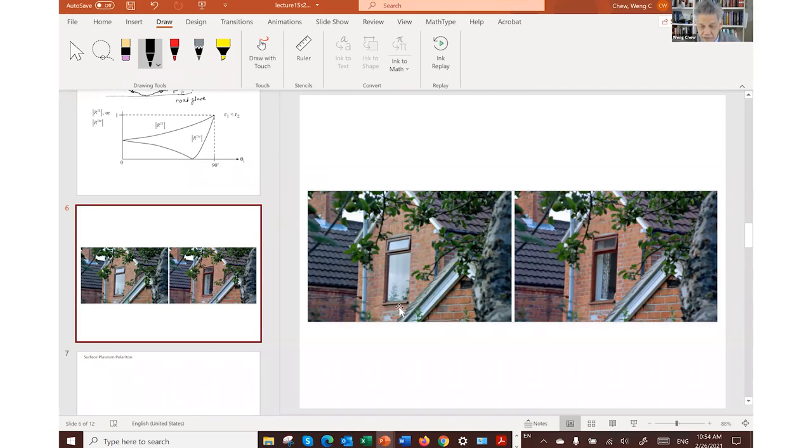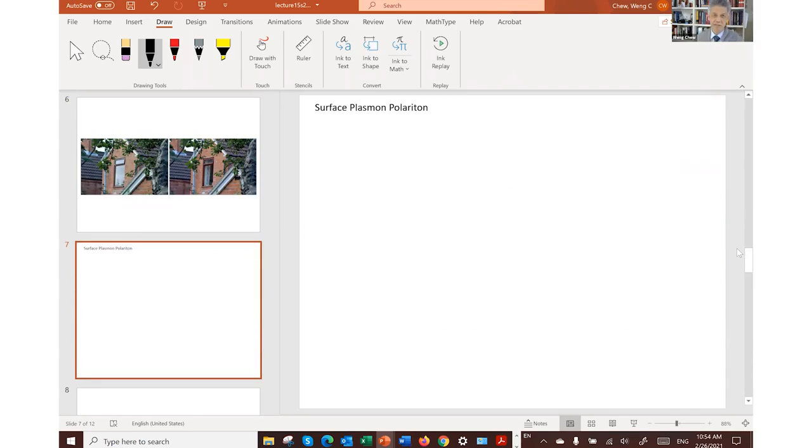And if you buy a good filter for your camera, you can cut out the glare of this window over here, and the picture you have taken is of a lot higher quality than if you don't put a filter in your lens.